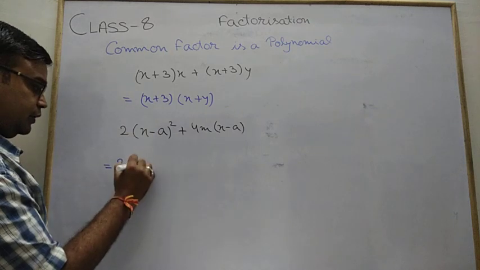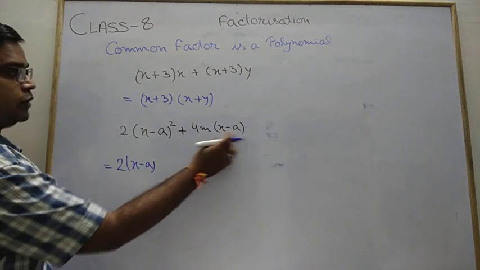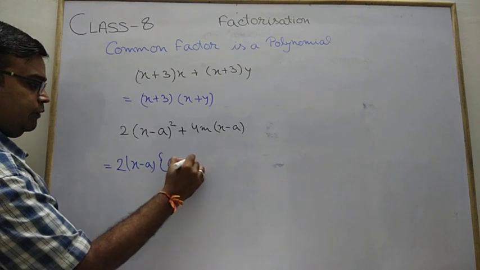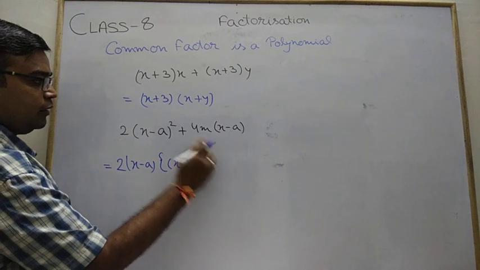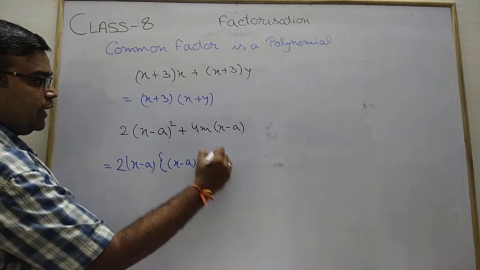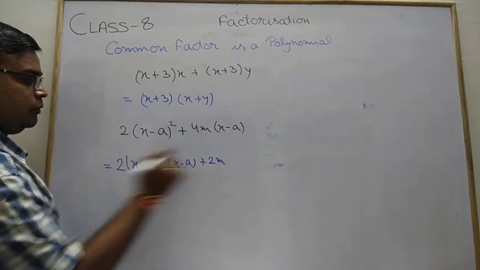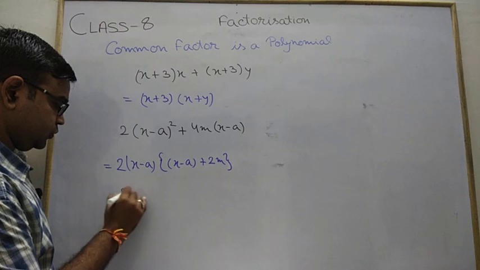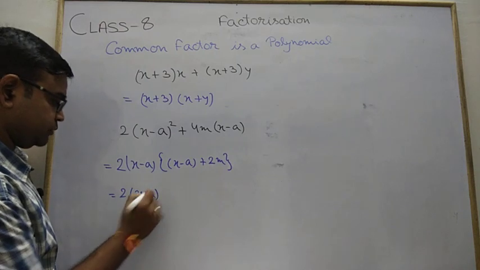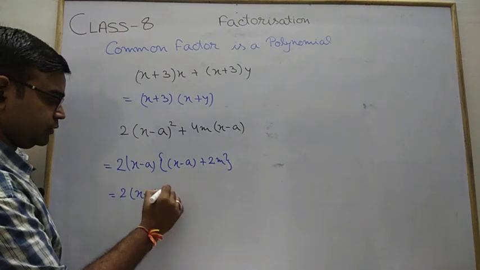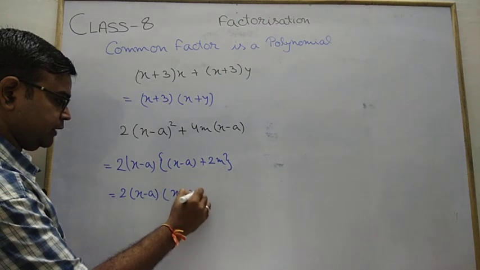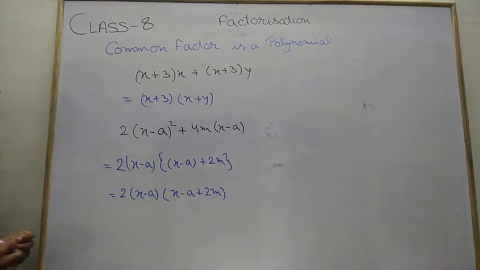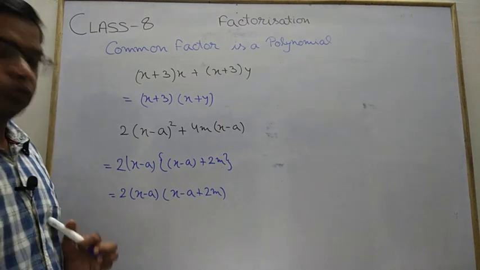Then here x minus a, and here also x minus a is there. So we write x minus a. In the bracket again we have x minus a plus 2m common, so 2 left, m left, x minus a common, so nothing is left. Clear? Then we use 2 x minus a, already common. Here we can write x minus a plus 2m. So this is your solution.